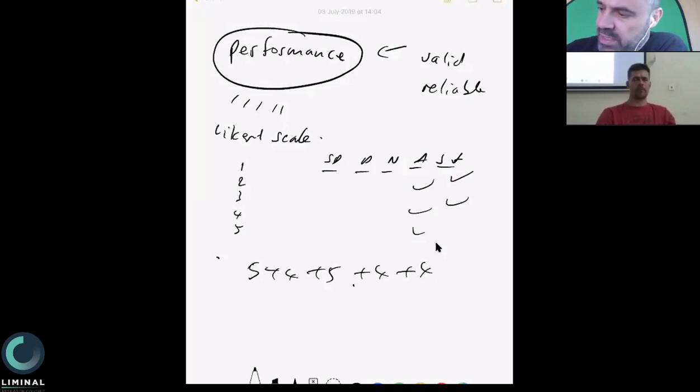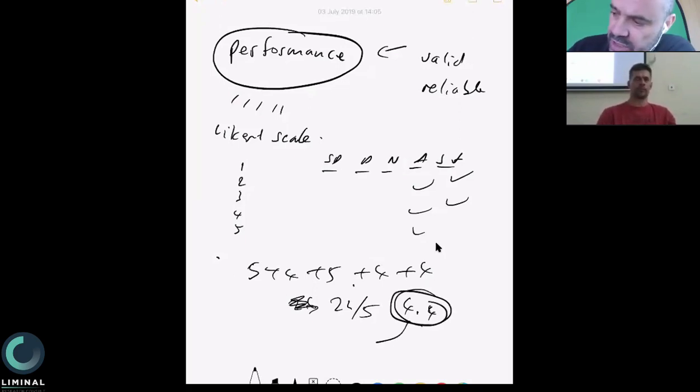That's 22, divided by 5, so it's 4.2 on 5, which is 0.84 or something. I cannot work it out so quickly. So this is the score that I got. This score here is what you use in your regression.